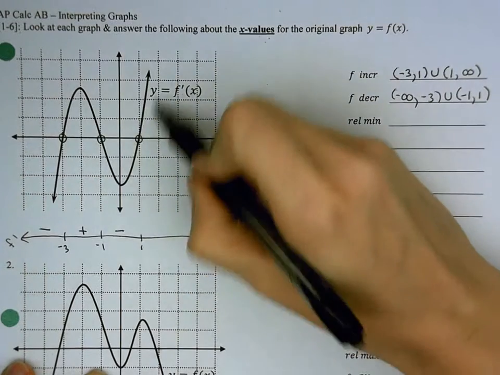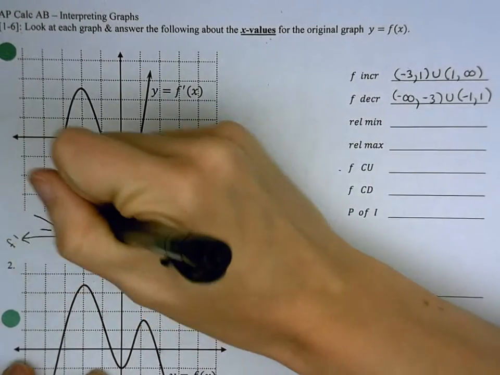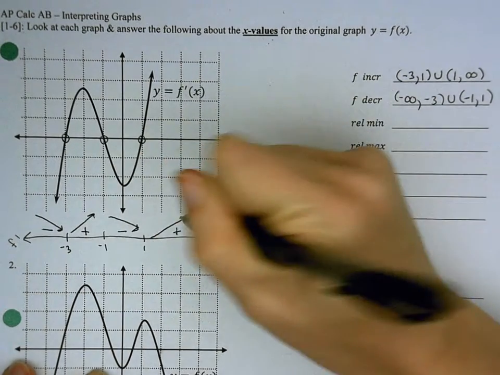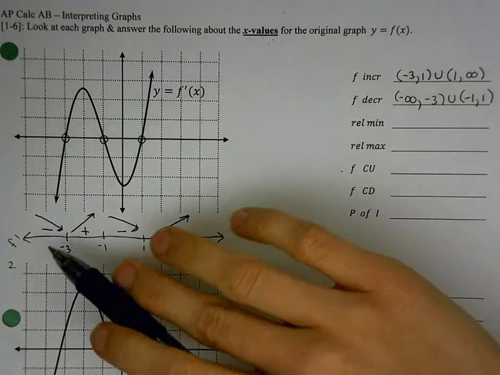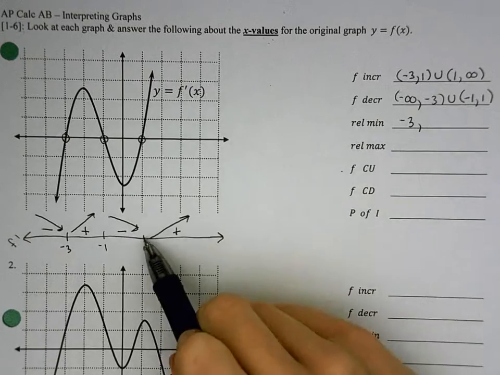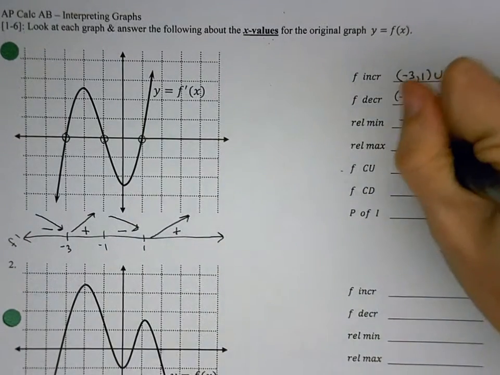And right of 1, it's above the x-axis, so it's positive. And so I can draw in my arrows to help me see my mins and my maxes. Relative mins and maxes, I should say. So I have a relative minimum here at -3, and another relative minimum here at 1, and I have a relative maximum at -1.